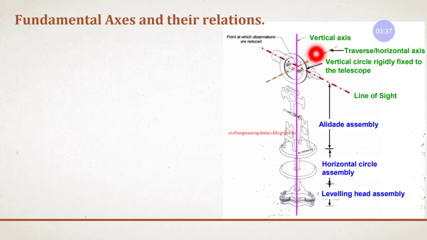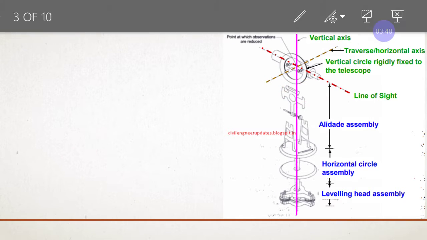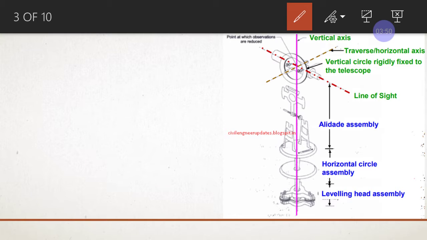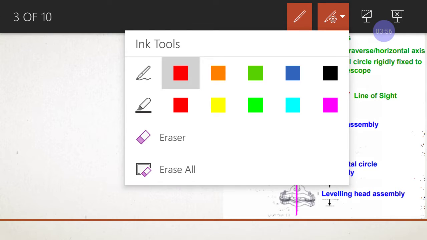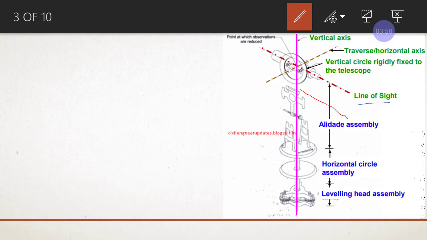Then the axis of the vertical altitude bubble, you can see this altitude bubble, its axis is parallel with respect to the line of sight. Can you see this? This line and this line are parallel. So the line of sight and the axis of the altitude bubble, not the plate bubble, are both parallel to each other.